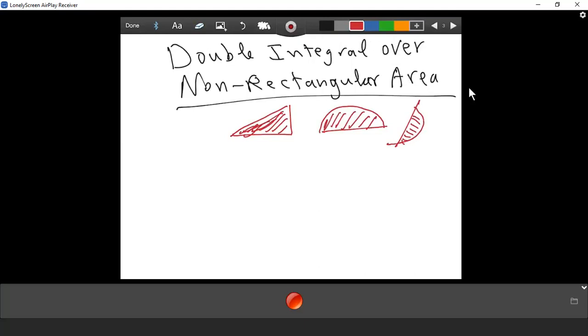Okay, so we can start integrating our function. Maybe we start by integrating first with respect to x and then with respect to y. And x here, if it is a non-rectangular area, you may have x as a function of y, so I call it x1, and I may have x2 also as a function of y.